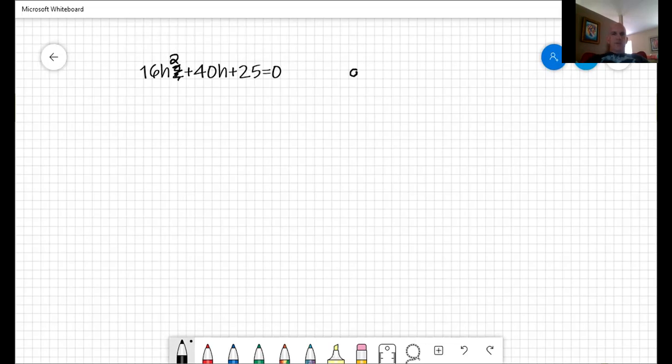So perfect square trinomials were where we were taking a plus b and squaring them, right? Two of the same binomials and squaring it gave us a squared plus 2 times a times b plus b squared. Well, that definitely looks like an a squared term because of the 16h squared. This looks like a b squared term because of the 25. They're both perfect squares.